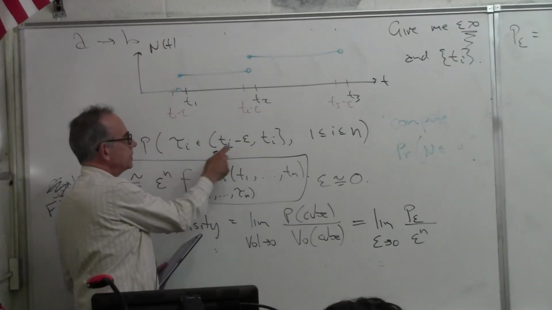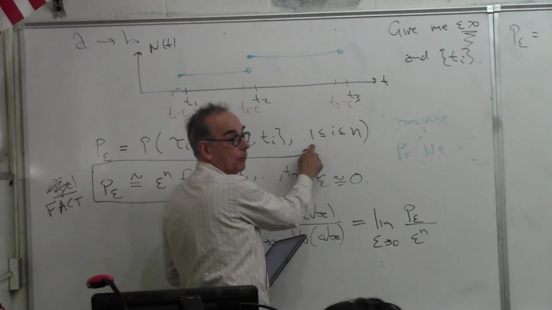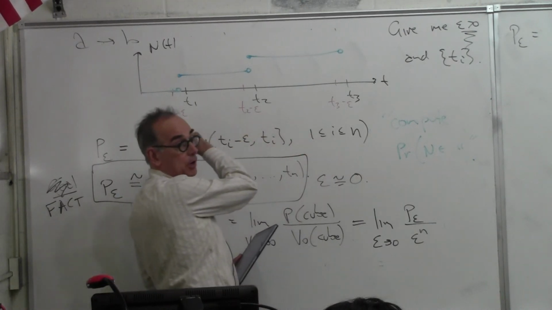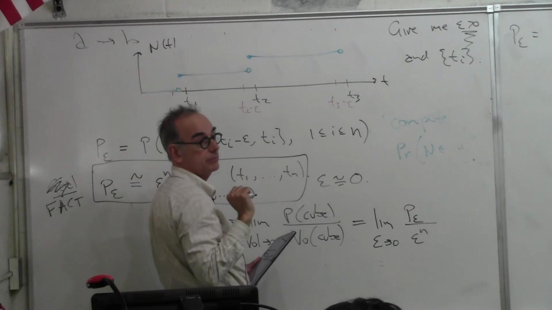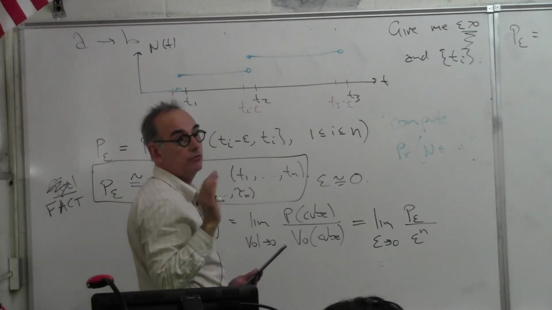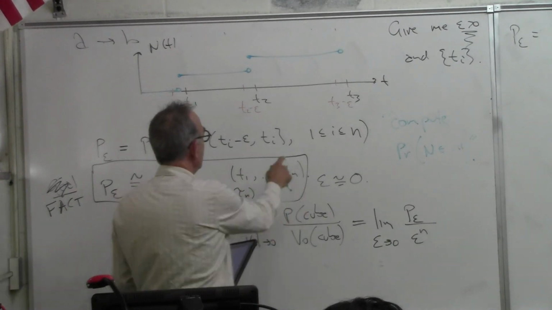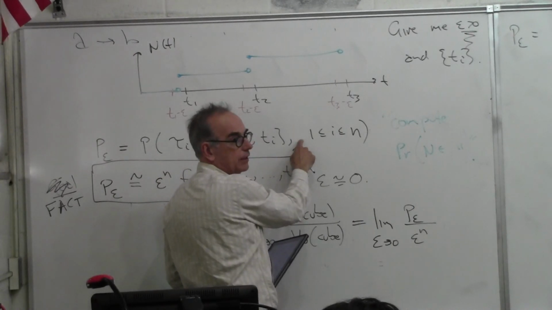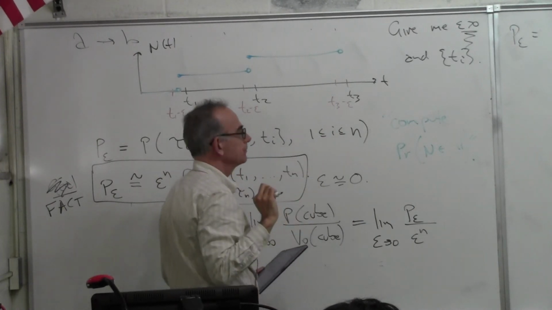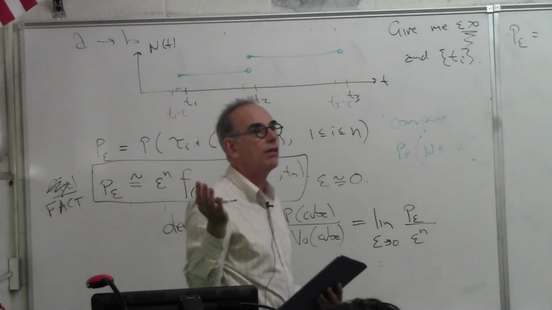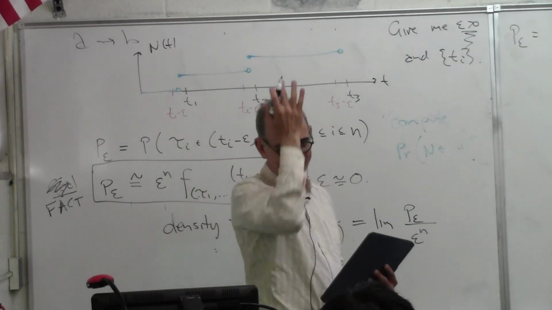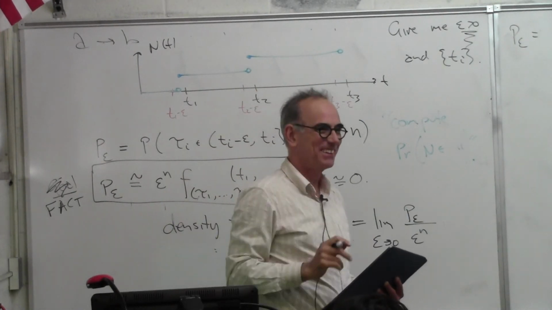Is the probability of the union of all these events? No, it's not a union. When I write the probability of something for i less than or equal to n, I mean the probability of the intersection.